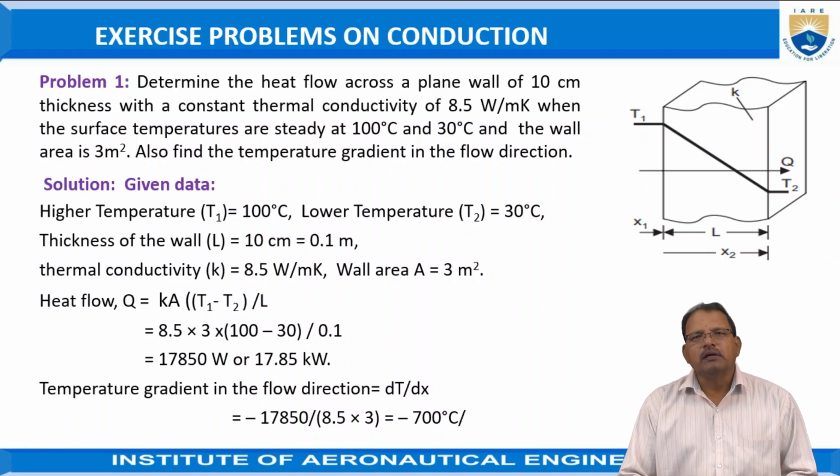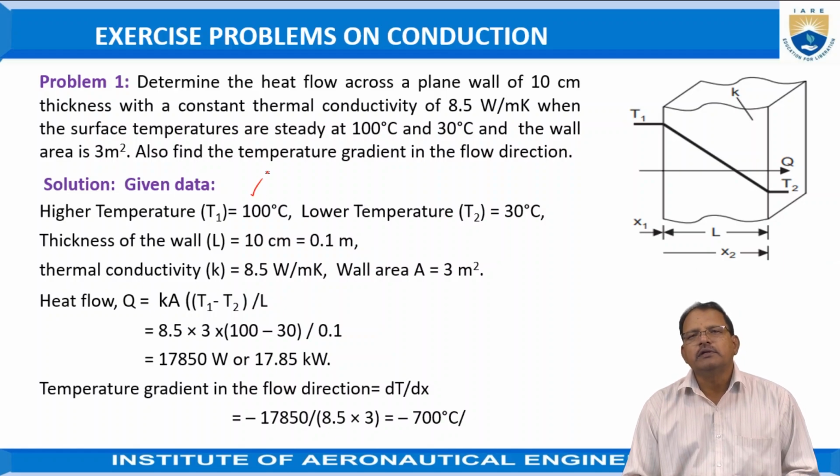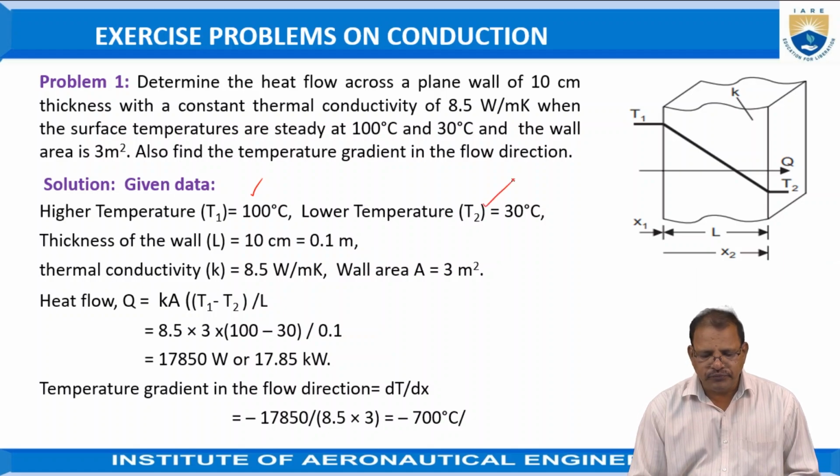In this problem the given data is: the higher temperature of the body, from which the heat energy is flowing, is T1 = 100 degrees centigrade, and the lower temperature is T2 = 30 degrees centigrade.